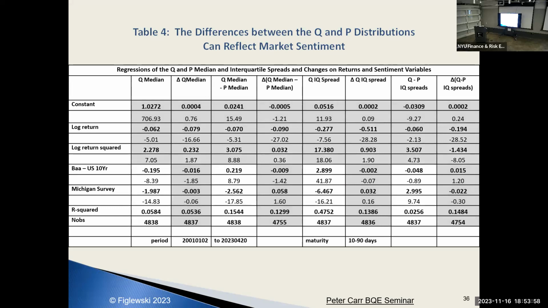When we put the sentiment variables in, though, if the yield spread is wide, the Q median is low. But not quite as low as the P median.